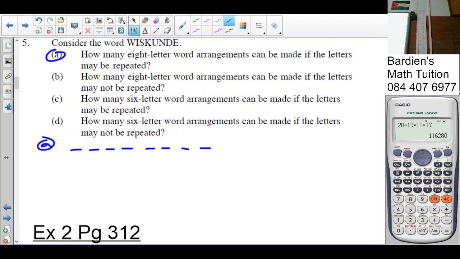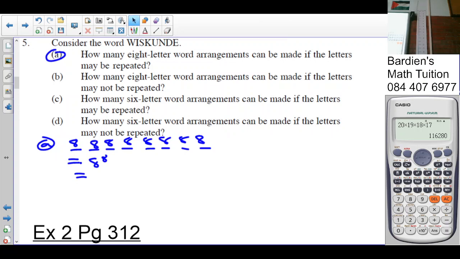In how many 8-letter word arrangements can be made if the letters may be repeated? If the letters may be repeated, we have, in the first case, 8 options. Then, 8 again. 8, 8. So in other words, that would simply be 8 to the exponent 8, which is 16,777,216.